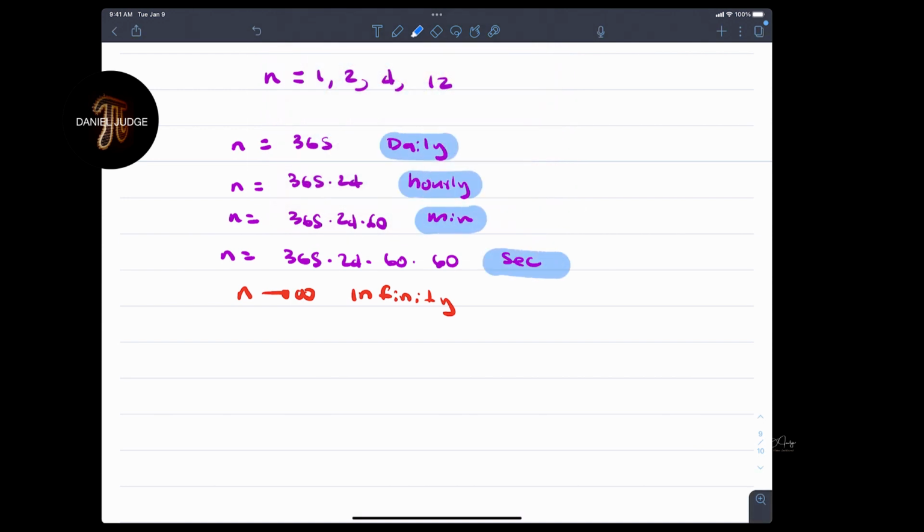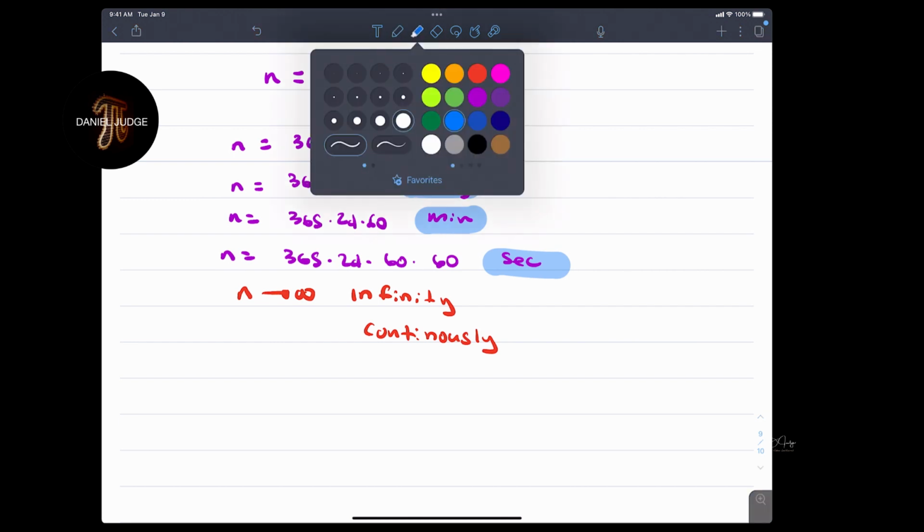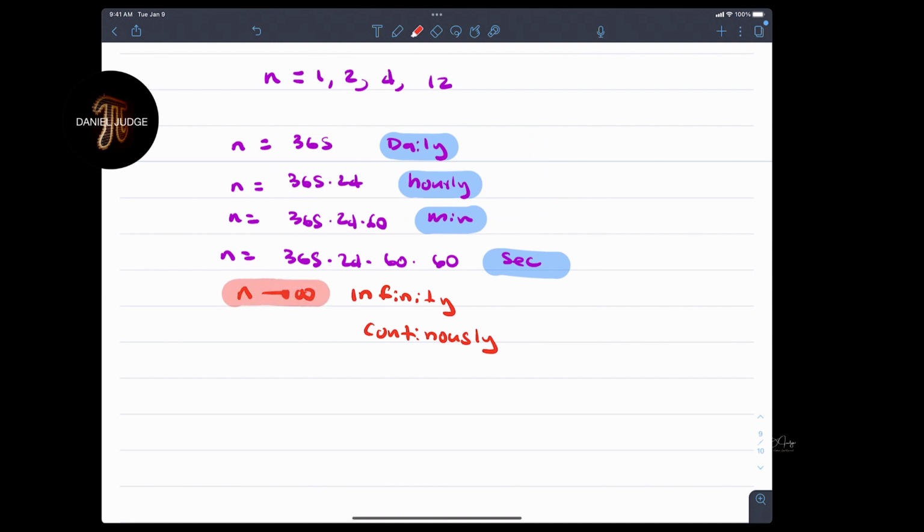It's actually continuously. And that's the whole idea: to get paid interest continuously, let the number of interest payments given to you in a year go to infinity and beyond, to get arbitrarily large.